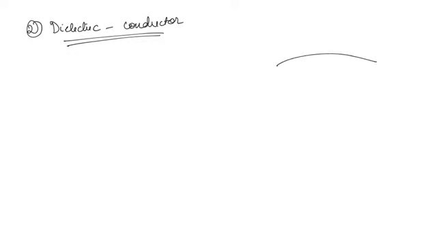Next is the case of dielectric and a conductor boundary. This is pretty straightforward. If you take medium 1 as the dielectric, then it is going to have a permittivity, let us say epsilon 1. And the second medium is a conductor. What will happen in a conductor?